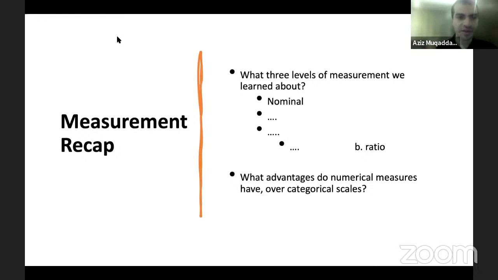So can someone remind us what levels of measurement we covered? So we said the variable could be measured. Are they going to have a nominal variable? And then we had 2 other things. So we said we have nominal and what? Anyone remember? So we have nominal variables, and then there were 2 other types.